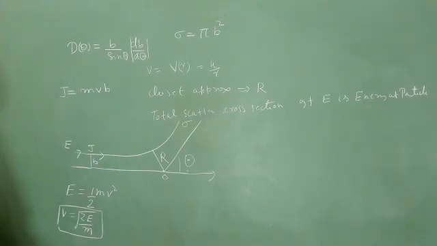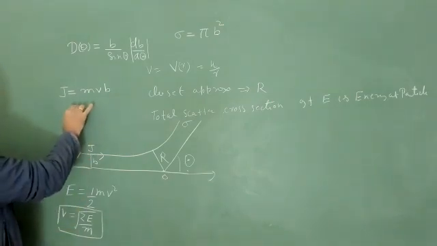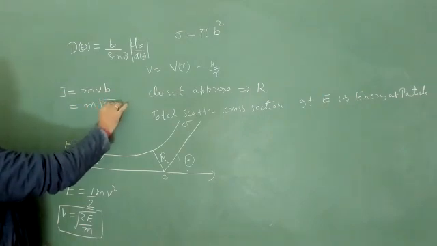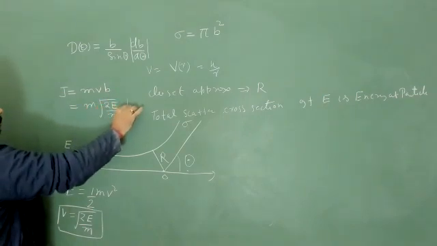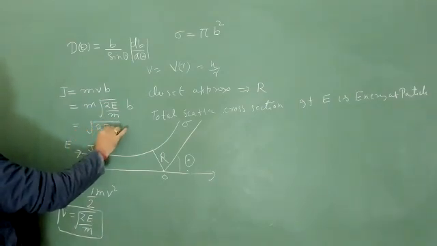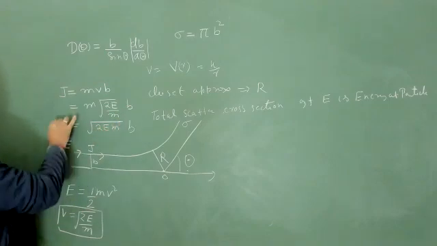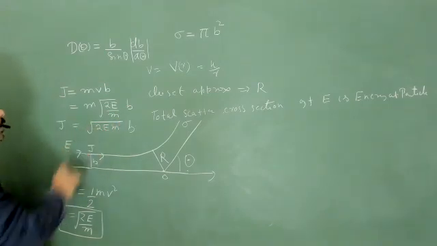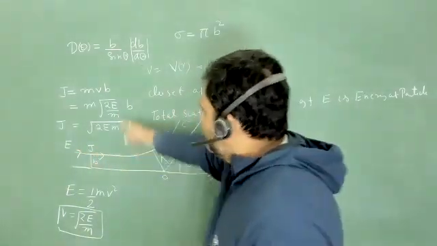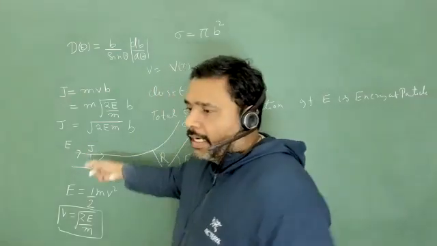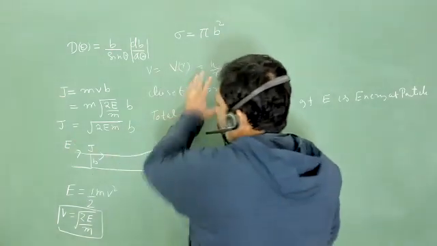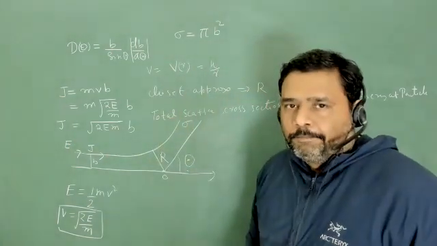So this is my initial angular momentum of the system, and we can write m root under 2E upon m times b, and this value is equal to root under 2Em times b. So this is my angular momentum, and this angular momentum is conserved during the motion. If I have set some angular momentum, I fix that angular momentum, and it is conserved during the whole motion. So this is very interesting.